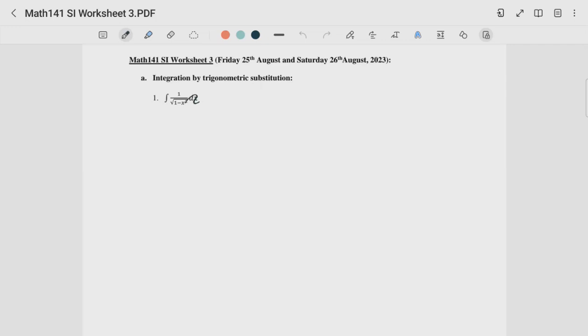So for this one here, you can rewrite this expression as the integral of 1 over (1 minus x squared) to the half, dx. Now, to the question that was just asked earlier, this exponent can be anything, basically. It can be half, it can be 3/2, it can be 5/6, it can be anything.